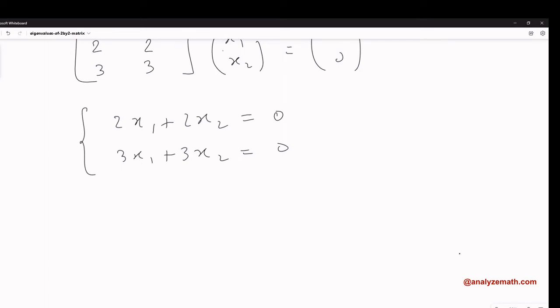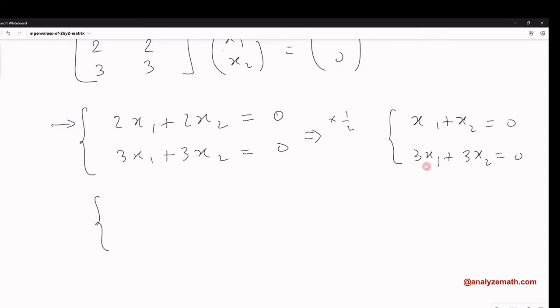What we can do is multiply this equation by half. It will become x1 plus x2 equal to 0. So you multiply 2 by half, 2 by half, 0 by half. Here unchanged. The next thing we are going to do is multiply this equation by 3 and subtract it from here.